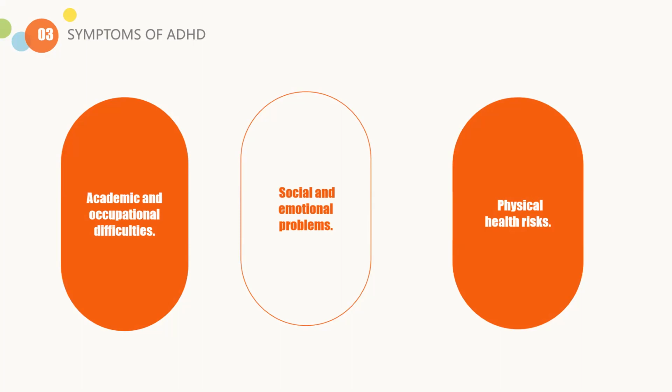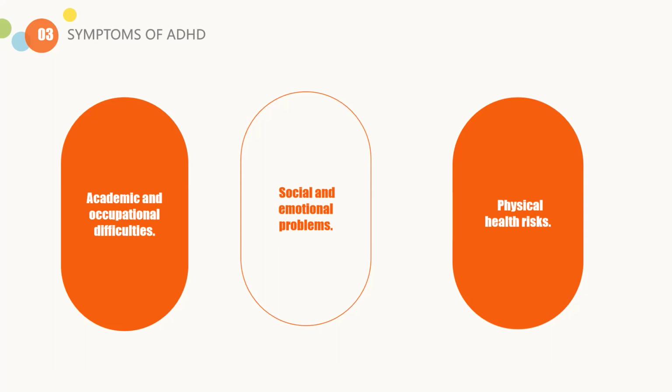And we also have social and emotional problems. They also have social and emotional problems in the sense that they can be quite withdrawn and also have emotional outbursts. And of course, we're going to talk more in detail about it on the next slides.